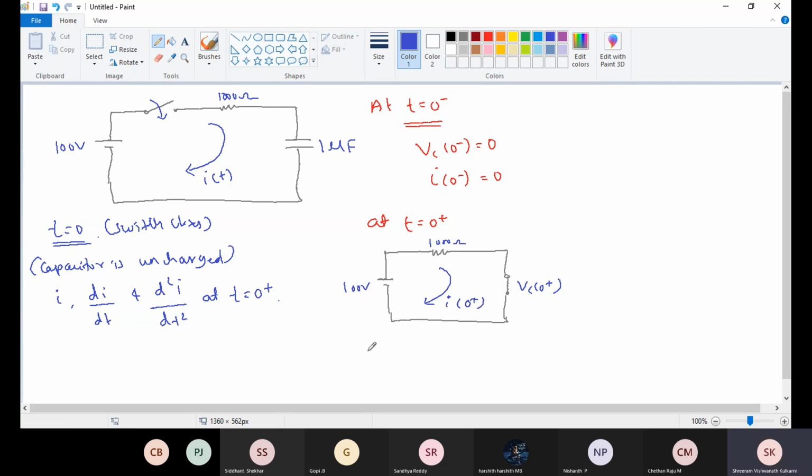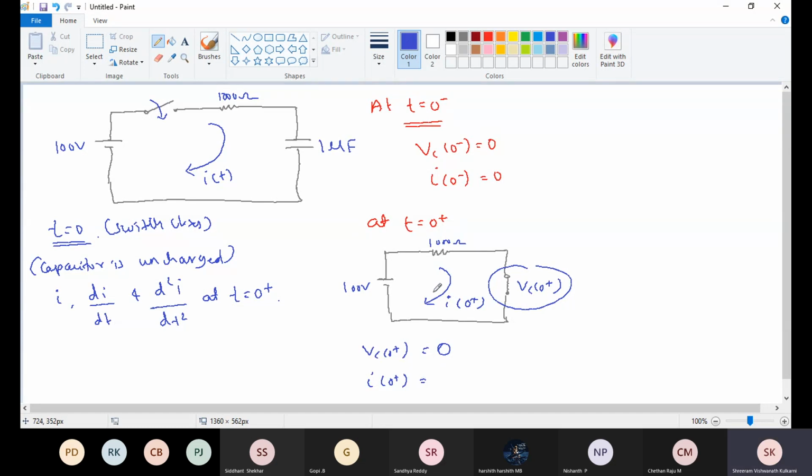Now VC at 0 plus, the voltage across the short circuit, is equal to 0. Then I at 0 plus, the current at t equal to 0 plus.